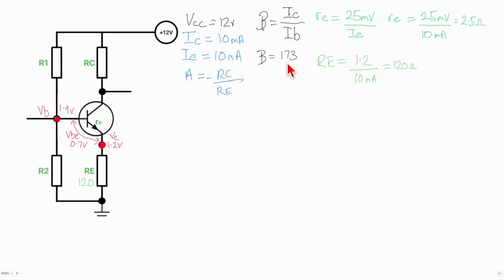Now we know that beta is the collector current divided by the base current. So if we want to find the base current, then it's the collector current divided by beta.